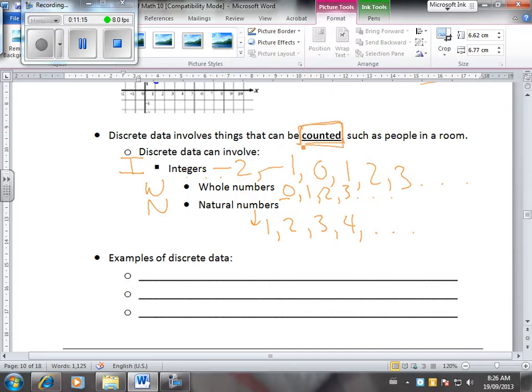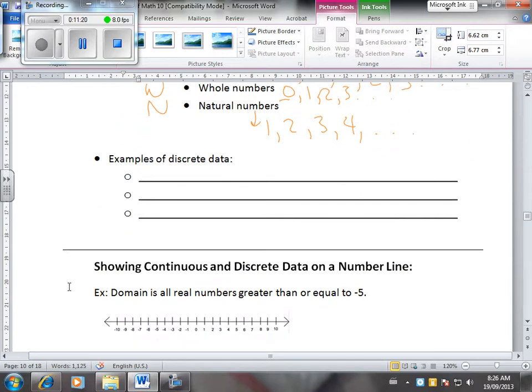So people in a room, something like the number of, say, athletes on a team. So if you have a team with 30 players, you have 30 players. You do not have 29 and a half players or 32.94 players. You need a natural number or a whole number for that. Like the number of legs on a horse.